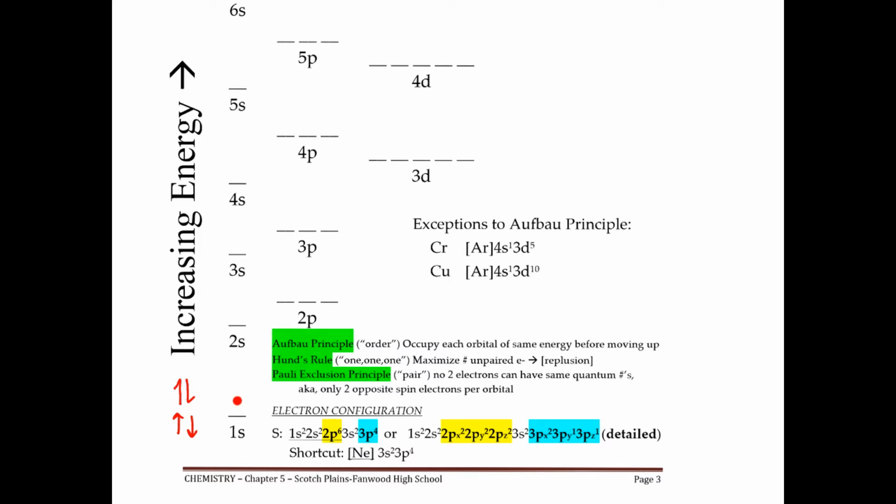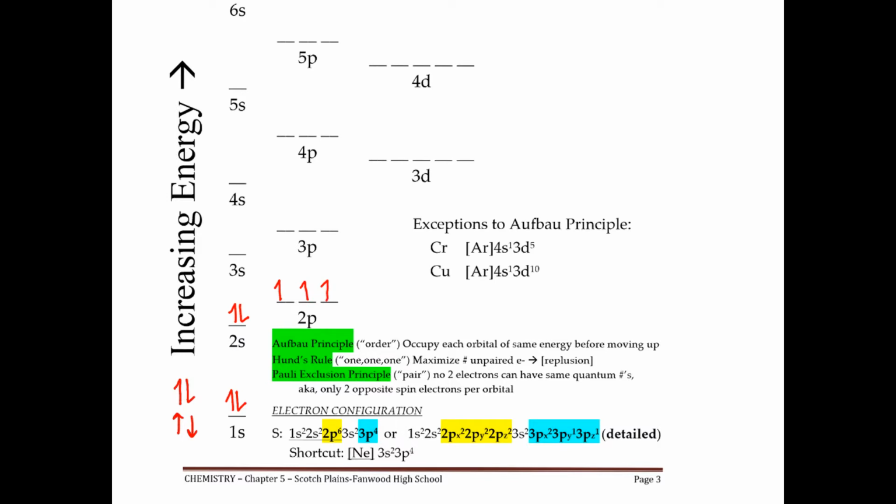You're going to start at the 1s, and when you put 2 here, you're going to move up to the 2s, etc. So we'll start filling in 16 electrons. We're going to go 1, 2. We always do an up and then a down. Then we move up to the 2s, 3, 4. When we get to a set that has 3 blanks, we put 1 up in the first one, 1 up in the second one, and 1 up in the third one.